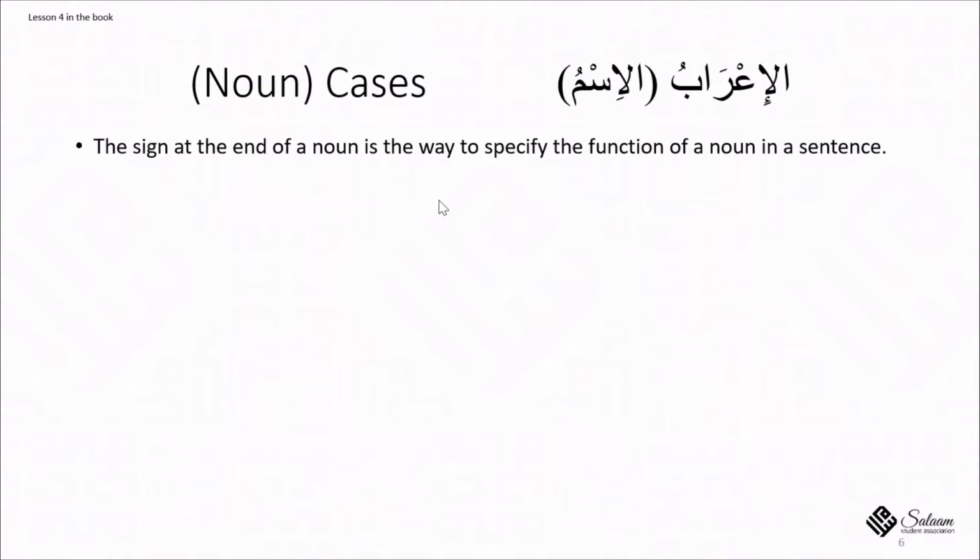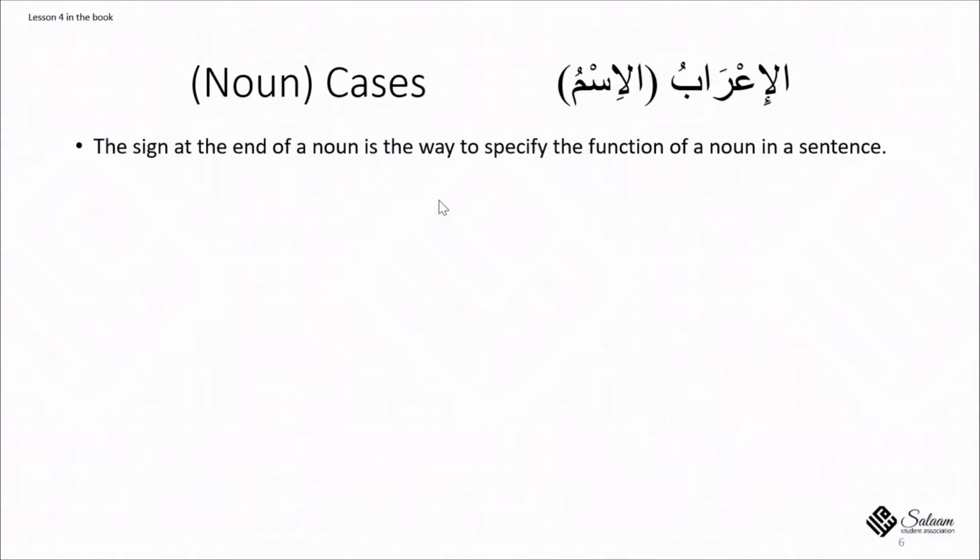We have to first remember the question that we had at the very beginning, in the first lesson, that the brother said, okay, you say babun, kitabun, all of them with tanween dhamma. Is it going to be all the time dhamma at the end? No, we have fatha, kasra, sukun, and different signs at the end.